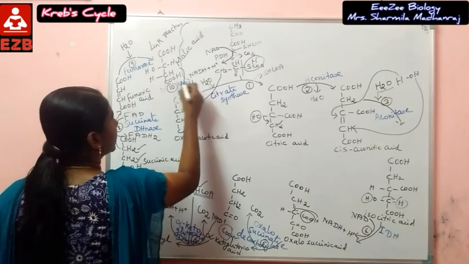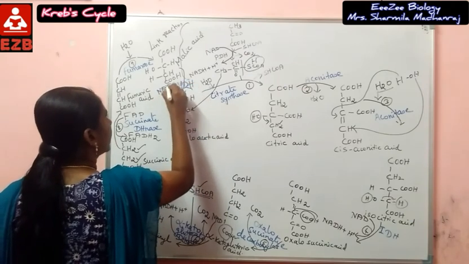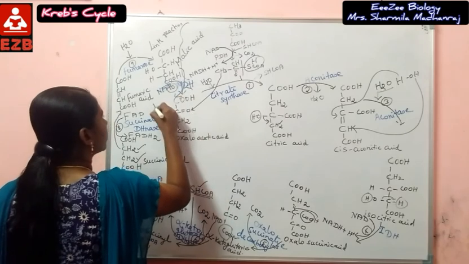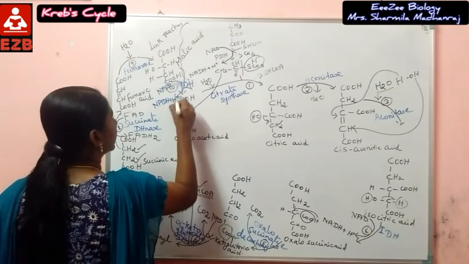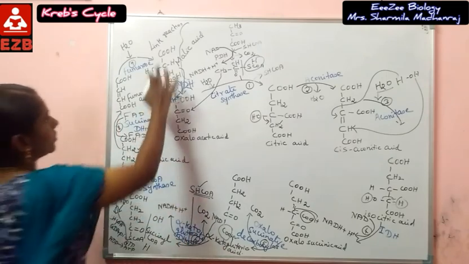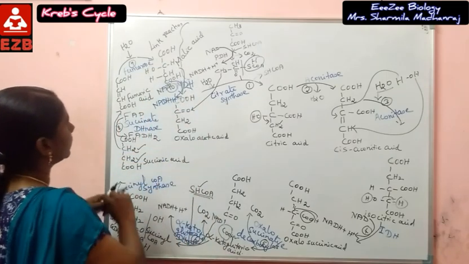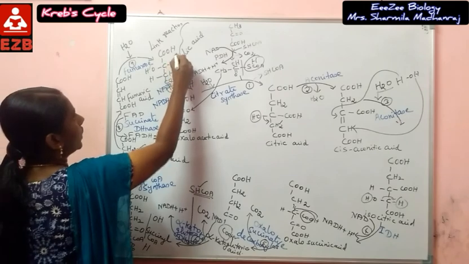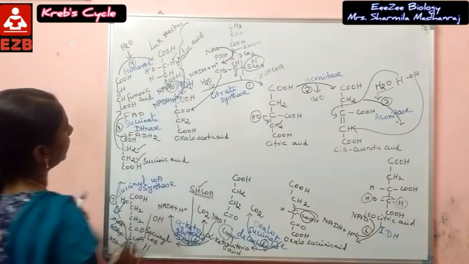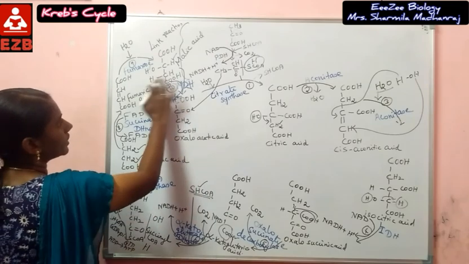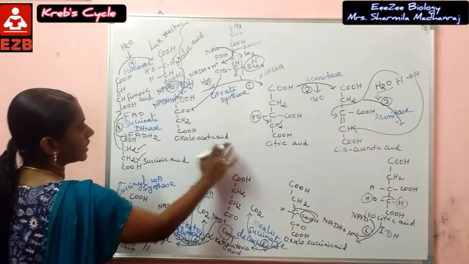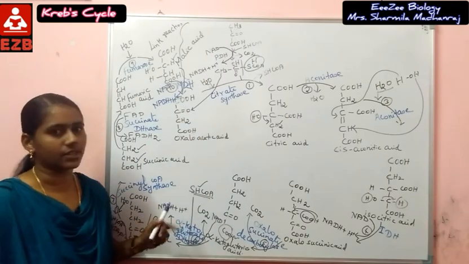Malate dehydrogenase, here NAD is converted to NADH plus hydrogen ions. So COOH, from this two hydrogens are joined to NAD. So NAD is converted to NADH2. C double bond O, CH2, COOH, that is oxaloacetic acid.